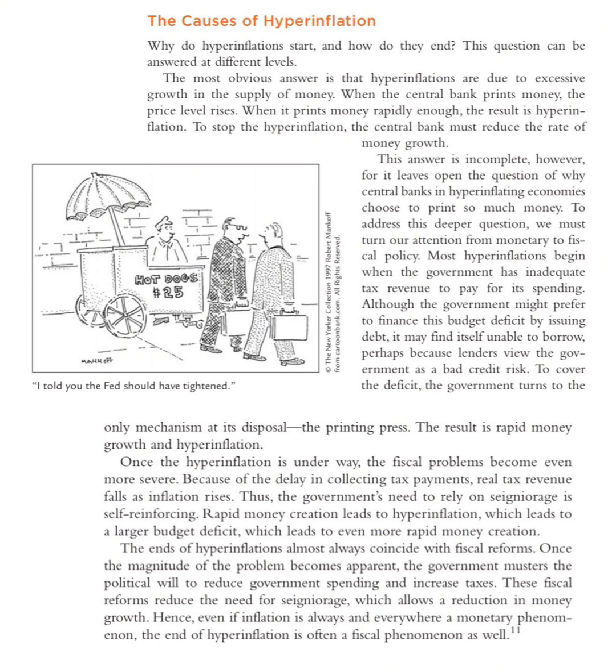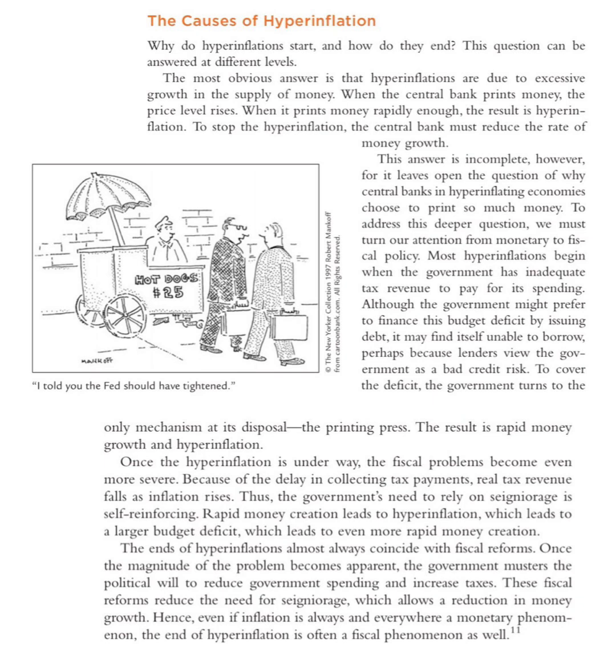Once hyperinflation is underway, the fiscal problems become even more severe because of the delay in collecting tax payments, which I previously mentioned for the U.S. government. They comprehend this economic problem, so they choose to collect tax in a period of 3 months.